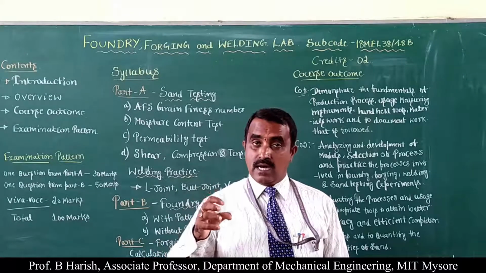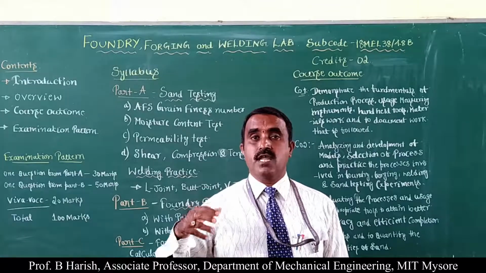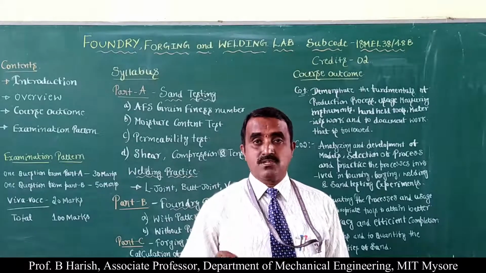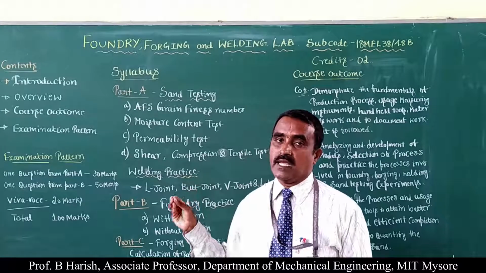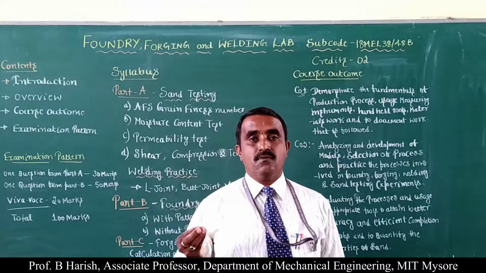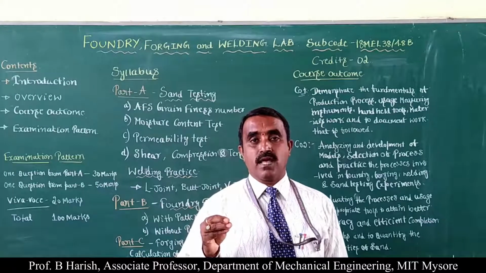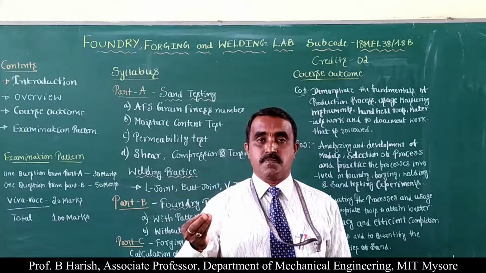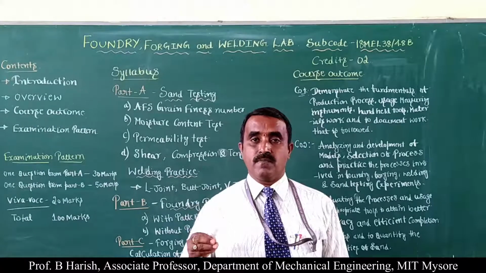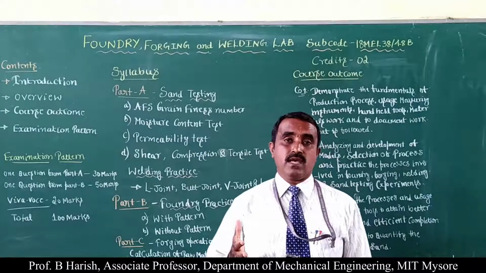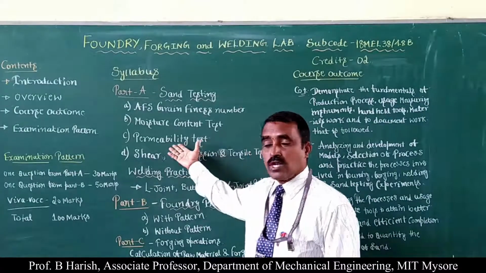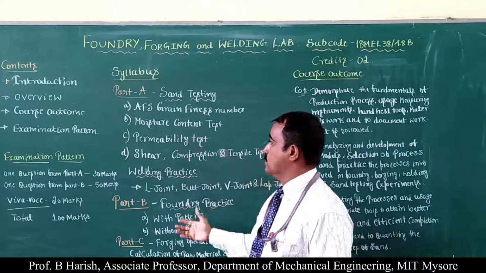Hence those gases should escape out, so the sand should have a property called permeability. It is the property by which the sand particles allow the escaping of gases present in the liquid metal. So we should know the permeability of the sand that we are using. Hence we conduct one more experiment, the permeability test.